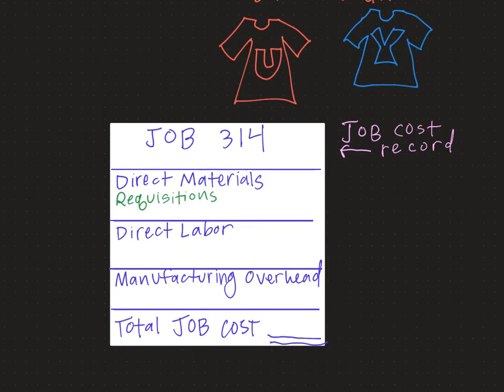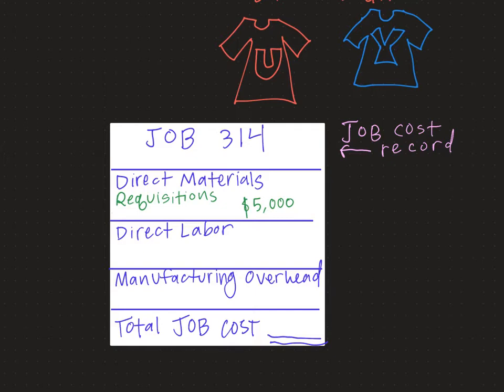As we learned before, direct costs are exactly traced to the inventory items, which means that we can come up with the exact number of requisitions and calculate the exact dollar amount of direct materials that were used on any particular job. For purposes of our example, let's say that we looked at our requisitions and we determined that direct materials of $5,000 were used on this job.